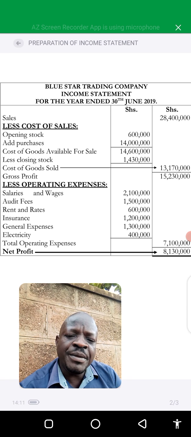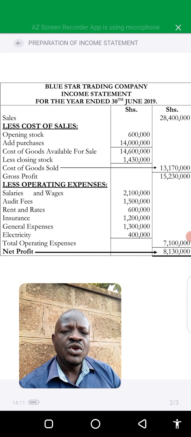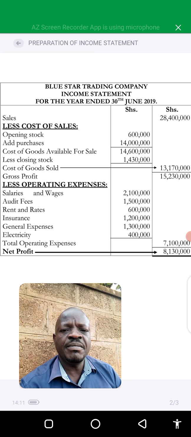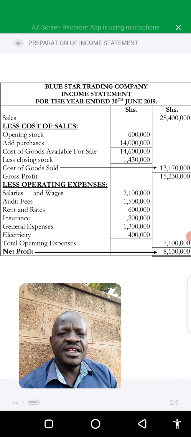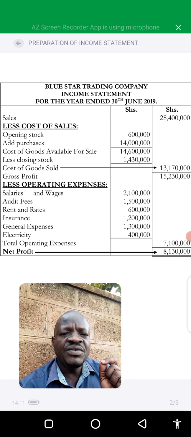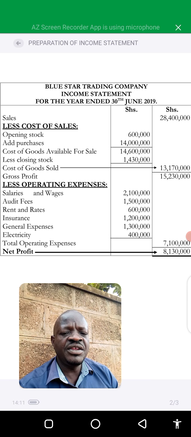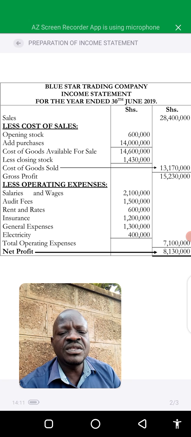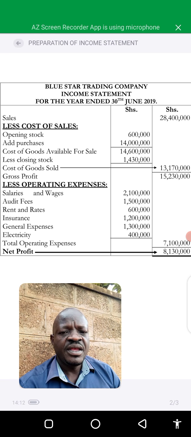Then what are you preparing? In this case, we are preparing an income statement, which I said others will call the statement of comprehensive income. When are you preparing that? That's why we say for the year ended 30th June 2019. For the income statement, we don't say "as at"; I will always say "for the year ended" or "for the year ending." And that is how it is.